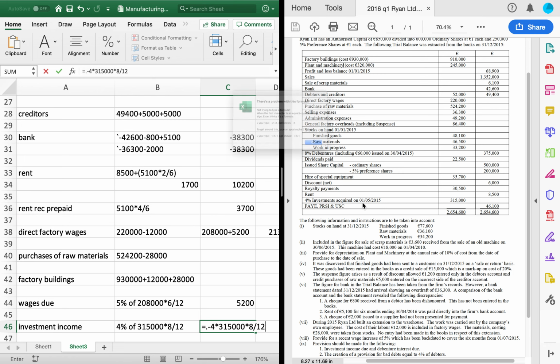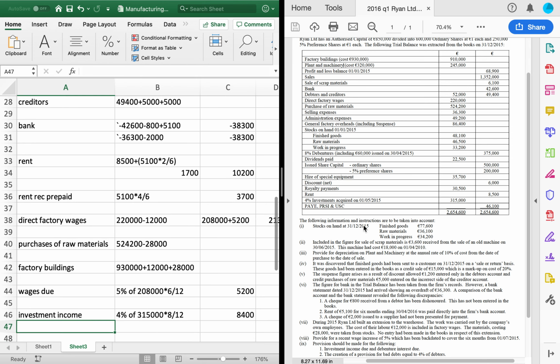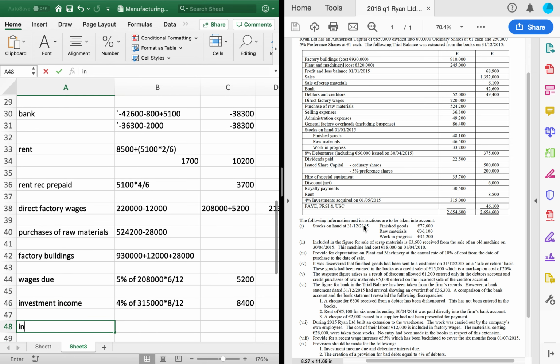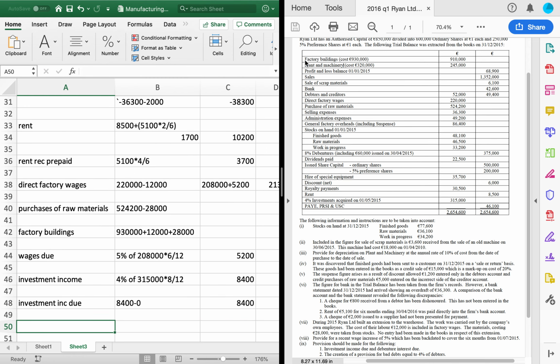So you have them for 8 months, so it's by 8/12. So that's 8,400. And then investment income due is 8,400 minus whatever we've received. So we haven't received anything, so it's minus 0. So that's 8,400. Debenture interest due.